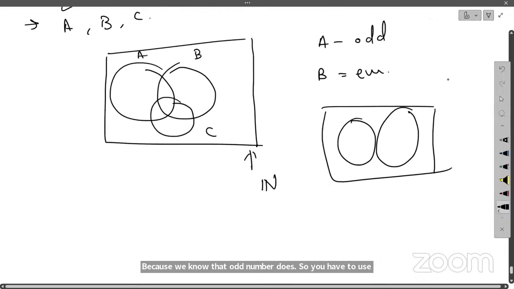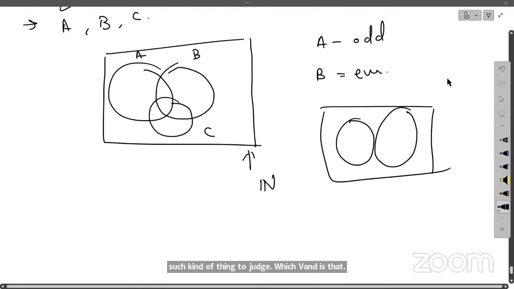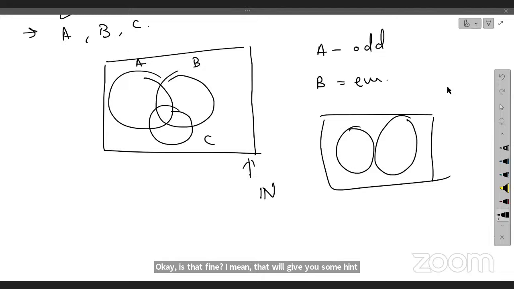You have to use such reasoning to judge which Venn diagram it is. You have to see which sets can have an intersection. Suppose here they say D is the set of all prime numbers less than 100, and B is the set of all odd natural numbers.